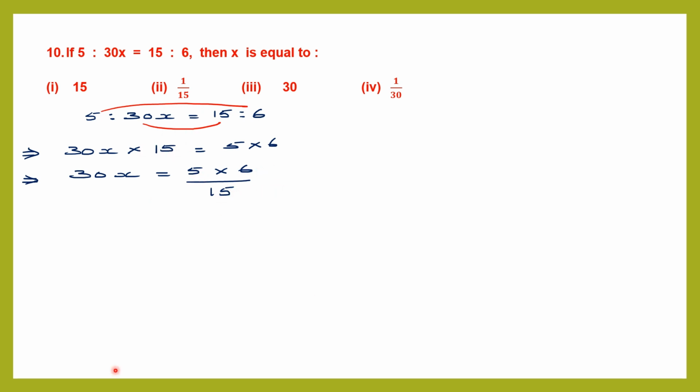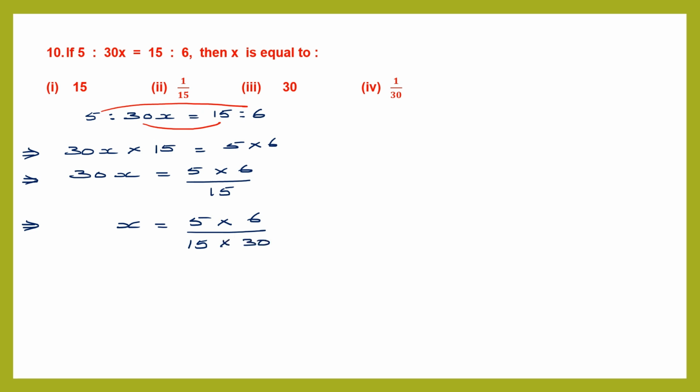So 5 into 6 by 15. Now let's find the value of x. This will be 5 into 6 by 15, and here again we carry over this 30 to the other side. It becomes division again by 30.